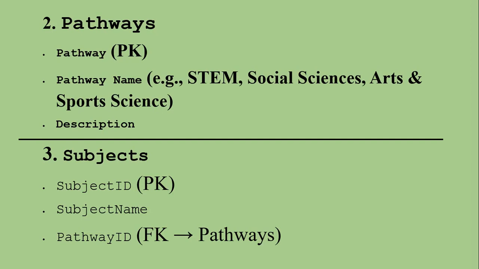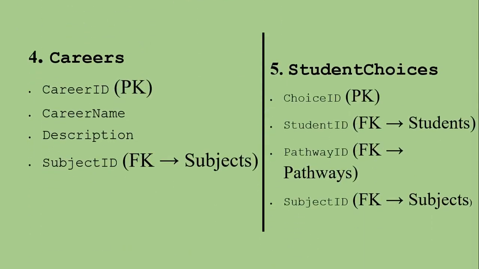We shall also have a table called subjects, where we may include subject ID, subject name, and pathway ID as the foreign key. We can also have the careers, where we shall have the career ID as the primary key. We shall have the career name, description, and don't forget, for relationship purposes, we shall have subject ID as the foreign key from subjects. Then we have subject choices, where we shall have the choice ID as the primary key.